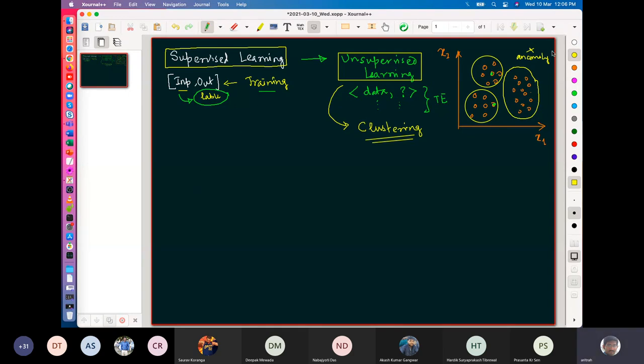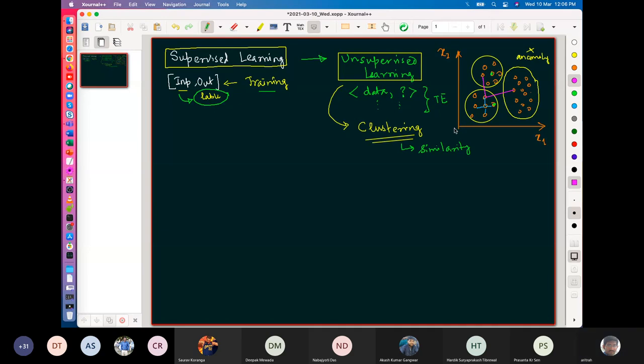So immediately you can go on thinking that while we cluster this, what are the features we are trying to look at? We are trying to look for similarities between the data, isn't it? Similarity meaning the closeness will dictate the similarity, and the farther the points, the more dissimilar they would be.